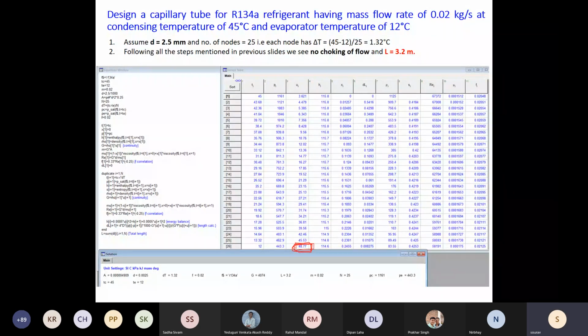So by going with a larger diameter, you have lower velocities now at that temperature. So flow is not getting choked. So this is the condition at T equals 12. If I ask you to size the same for, let's say, evaporator temperature of -20, you will see that this may also choke at -20.